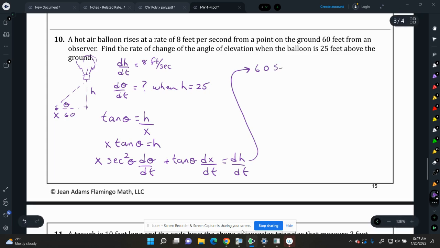And I've got secant squared theta d theta/dt plus tangent theta. I don't know theta yet. Dx/dt, what's dx/dt? 0. 0, good. Equals dh/dt. How do you know dx/dt is 0? Because the man does not move.